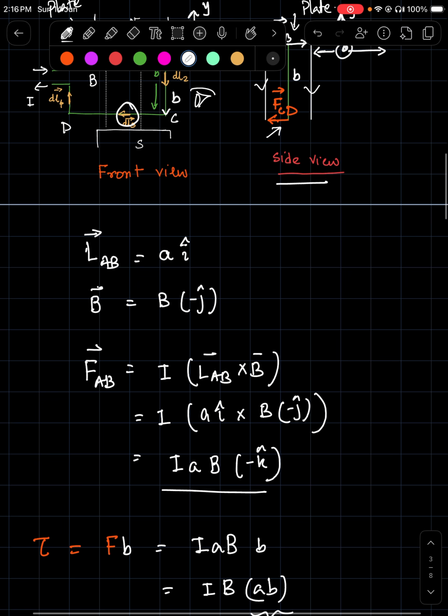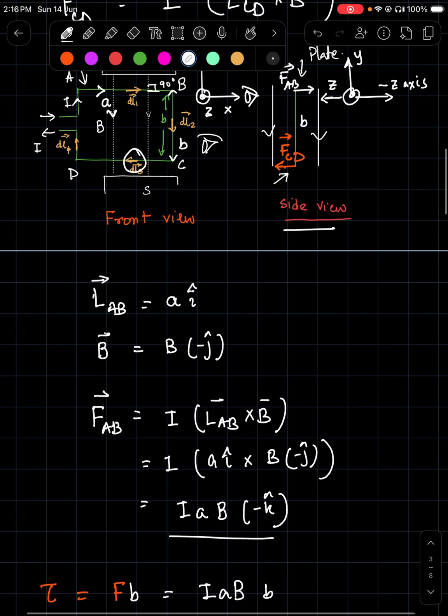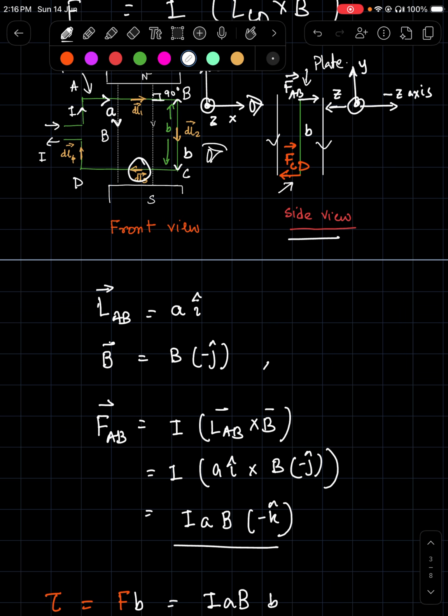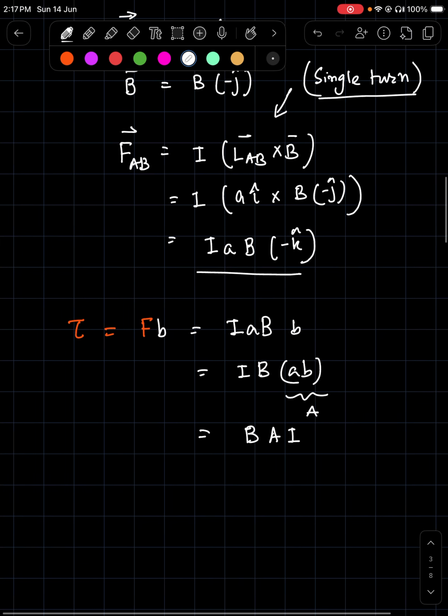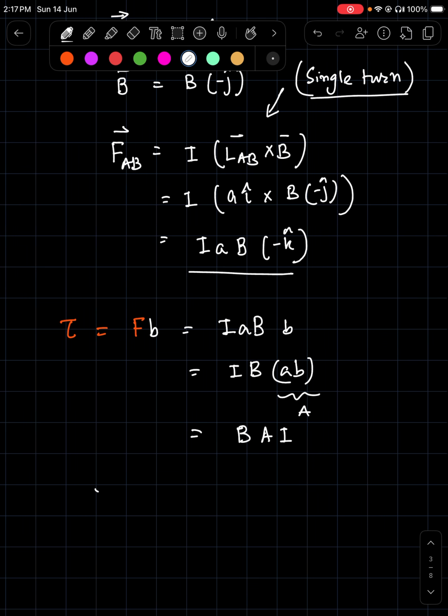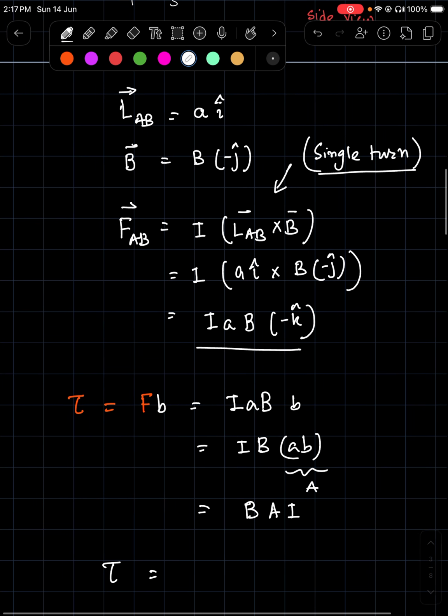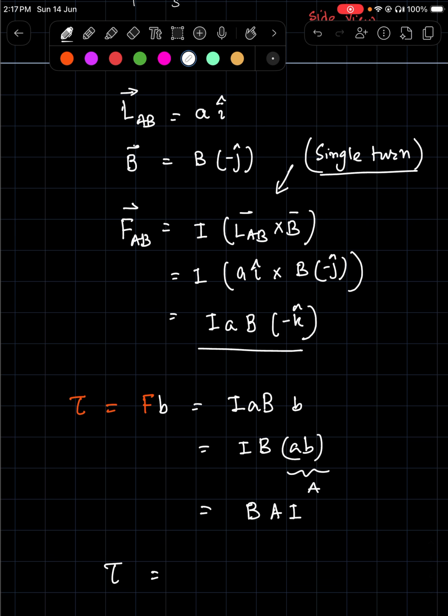So we have to remember one more important thing here. This force is computed for a single turn, a single winding around the square plate. But if there are n number of windings, then each turn contains I, so the total current becomes NI because there are n number of turns.